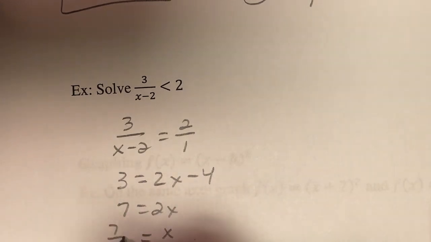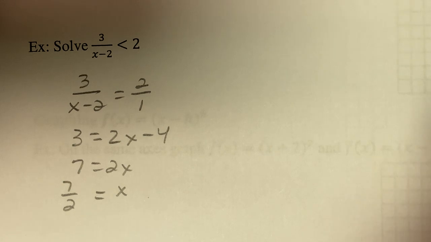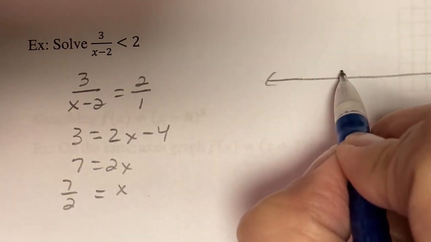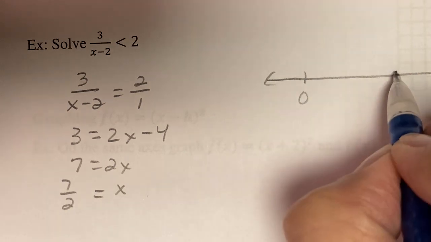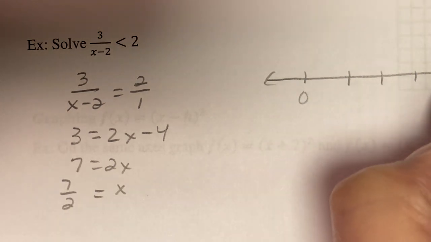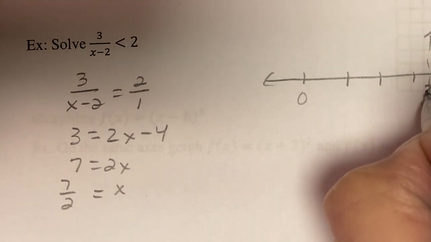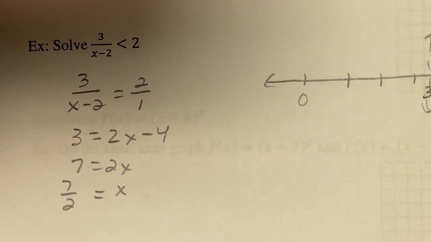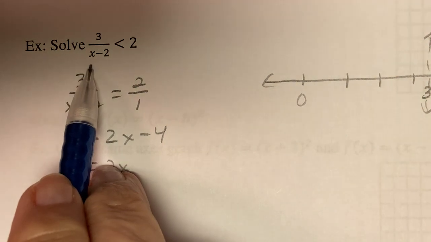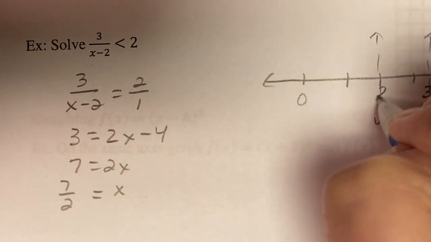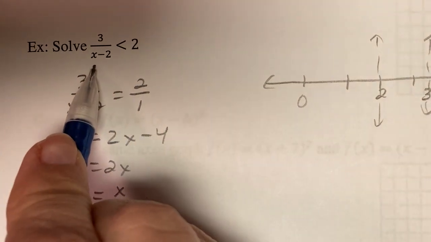X is equal to 7/2. So in our number line, we're going to go to 3.5, because that's what 7/2 is. And then we're also going to put a line on 2, because that is what would make it a 0 in the denominator.